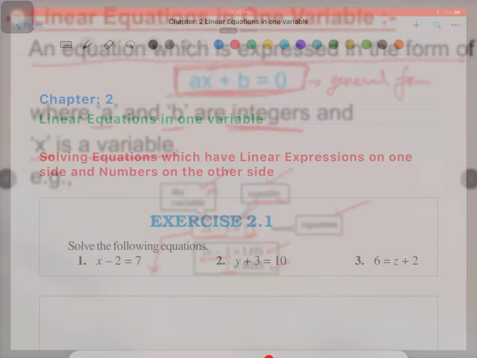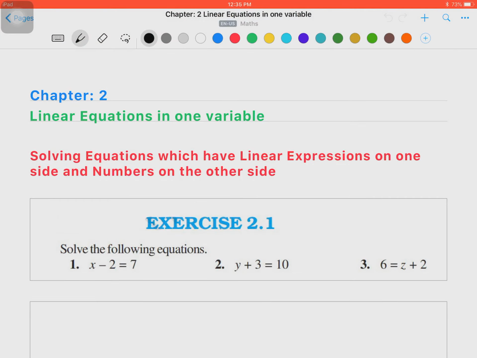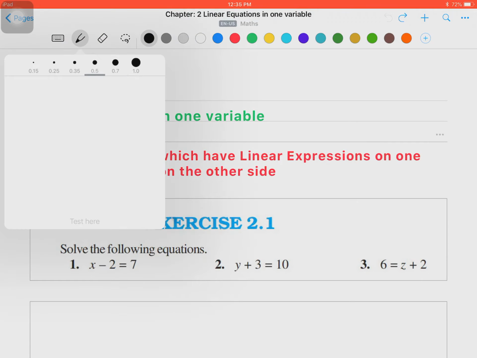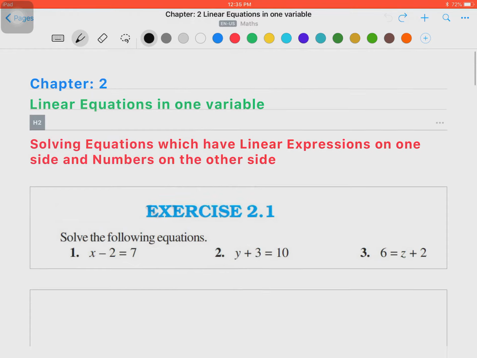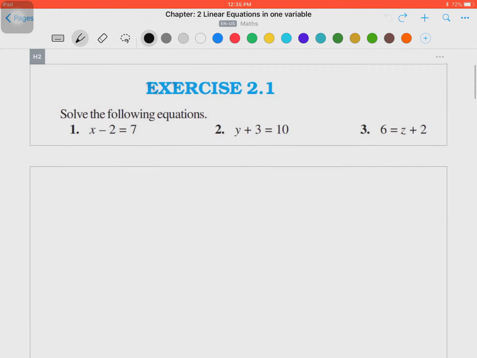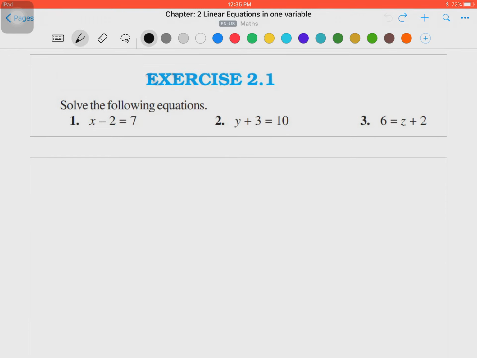Moving ahead, next we have solving equations which have a linear expression on one side and a number on the other side. We'll understand this with the help of exercise 2.1 and try to solve some questions.